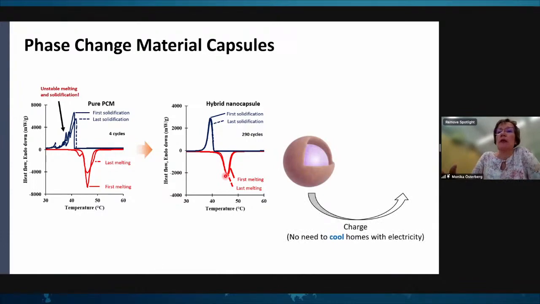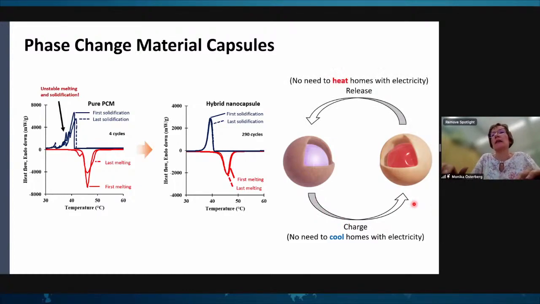So this could work so that when it's warm, it's charged, the lauric acid, the PCM inside, melts, and you have no need to cool the home with electricity. And then in the night, when it's again colder, heat is released when it solidifies, and so this can be used like that.